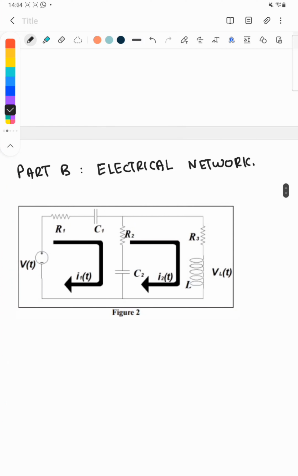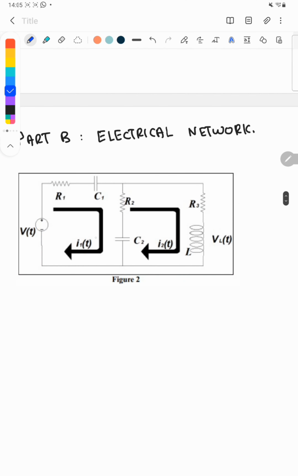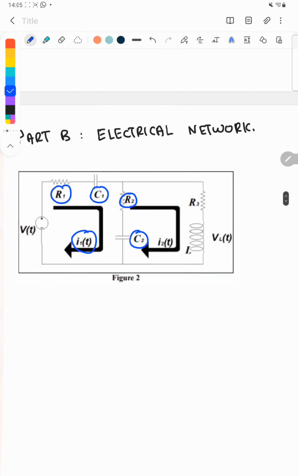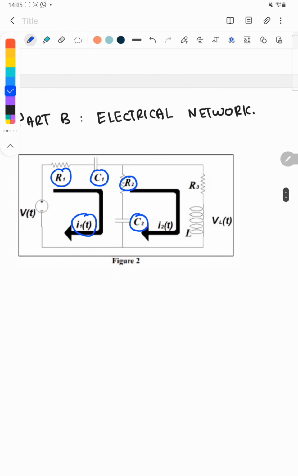As we can see in this circuit, there are two loops, which are at I1 and I2. Let's start with the first loop. At I1, the components there are R1, C1, R2, C2, and this will make the formula be like this.